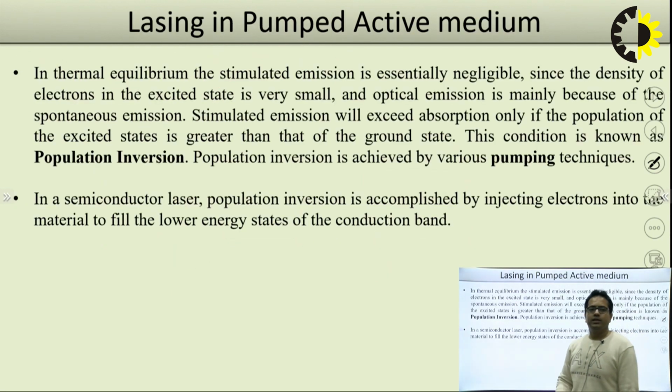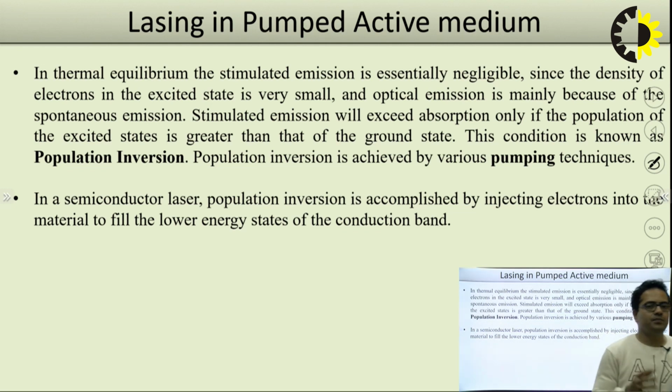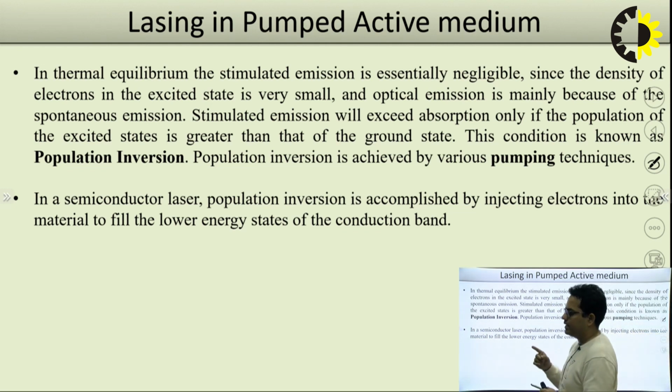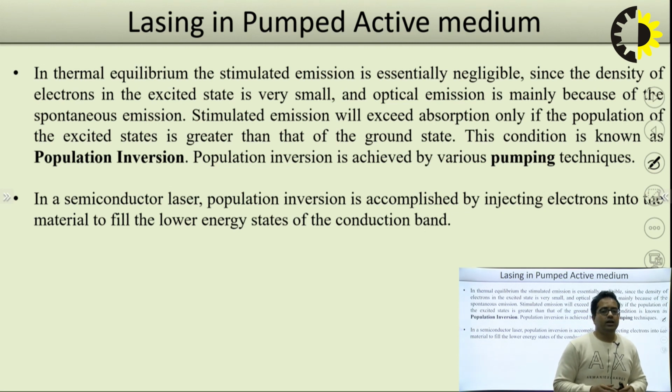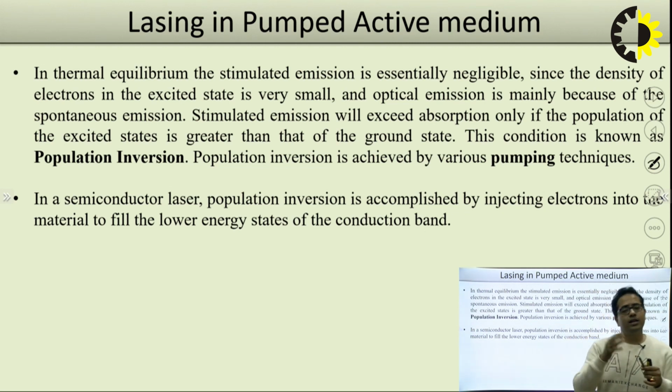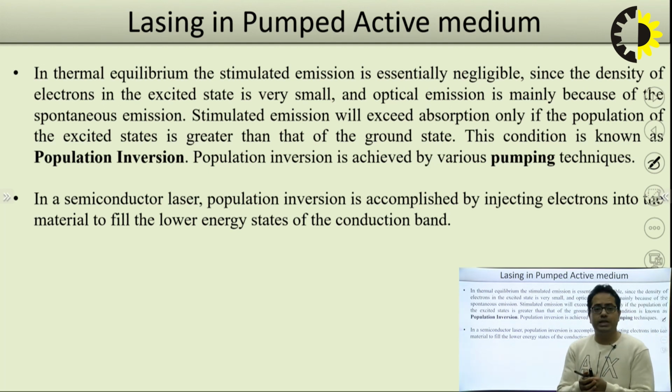Now, what is the main process that occurs inside the laser? The first and foremost important criterion for lasing action to take place is population inversion. In thermal equilibrium, we have seen that most of the electrons are present in the valence band, and somehow we have to make a provision so that the majority moves to the conduction band.